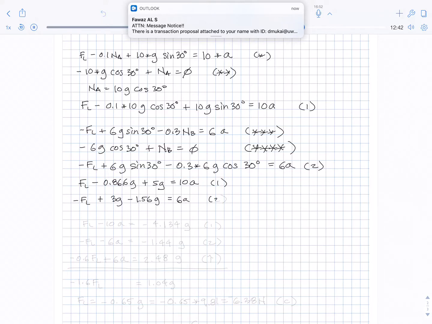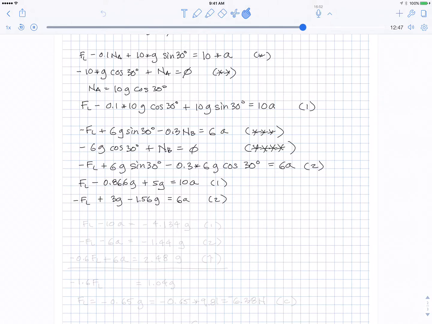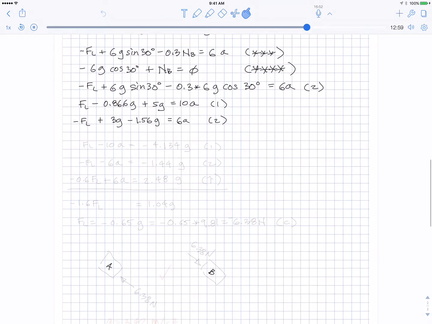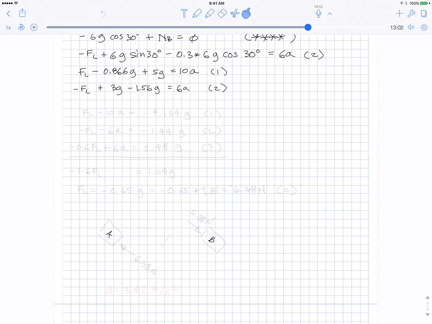That's equation 2. Let me just double check the 0.3 times 6 times cosine 30. Yes, 1.56.